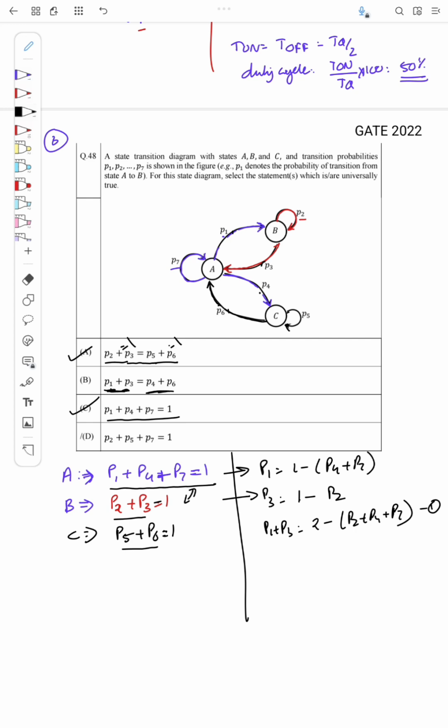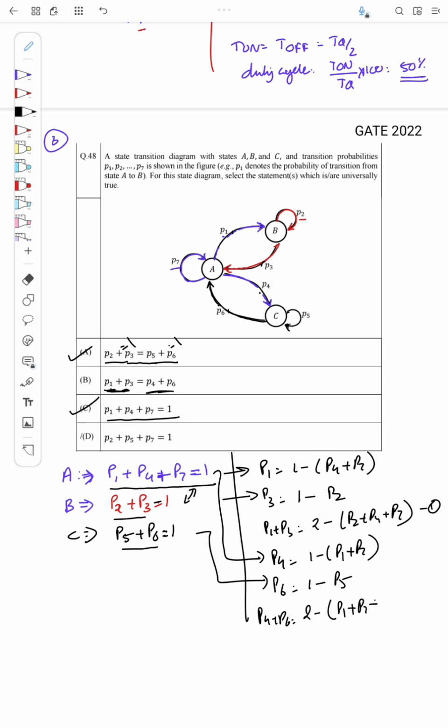Now for the right-hand side, I can write P4 as 1 minus (P1 plus P7), and P6 as 1 minus P5. On summing this, P4 plus P6 is equal to 2 minus (P1 plus P7 plus P5). This is equation 2. From equations 1 and 2 it is clear that both are not equal, so definitely this is not correct.